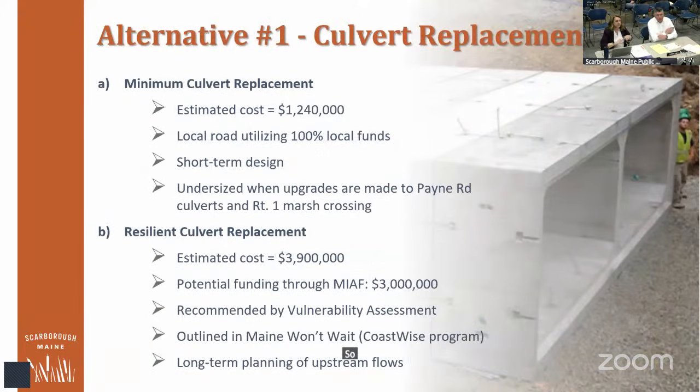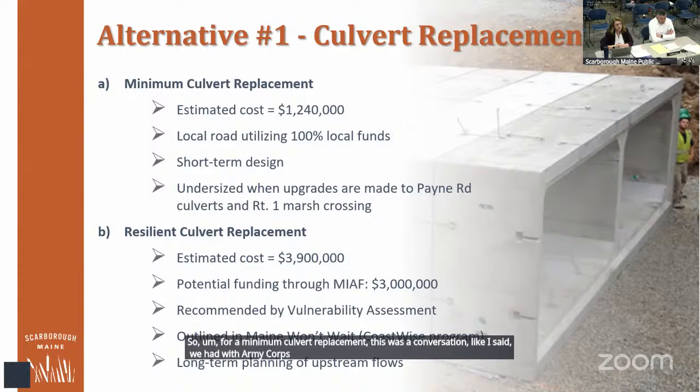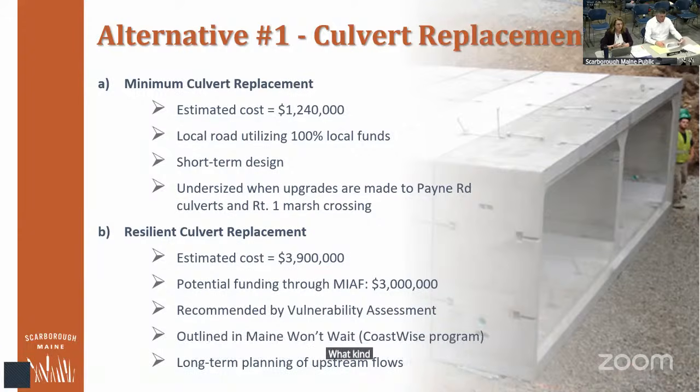So for a minimum culvert replacement, this was a conversation, like I said, we had with Army Corps, who is the permitting agency, and looked at what would be the smallest footprint or opening that we could put in there.